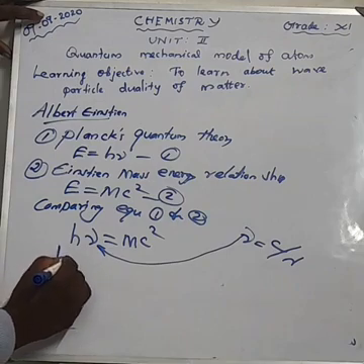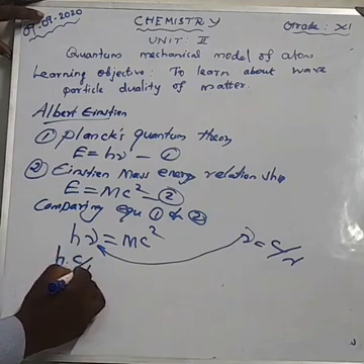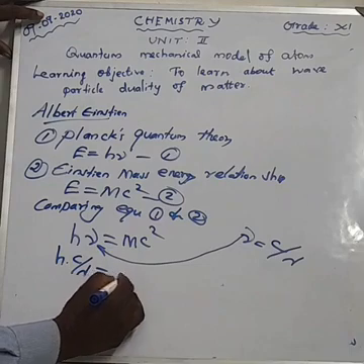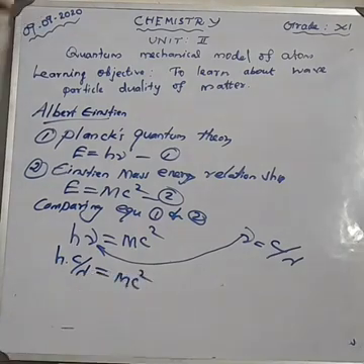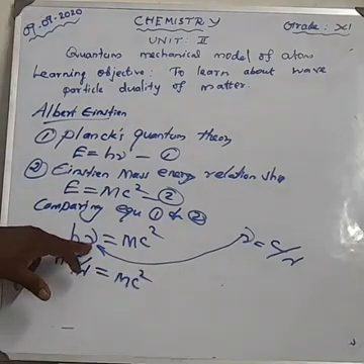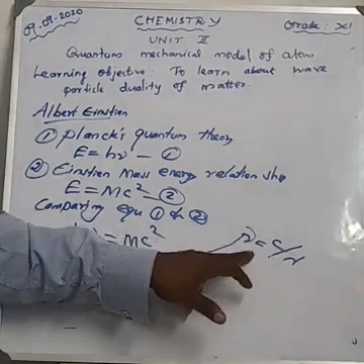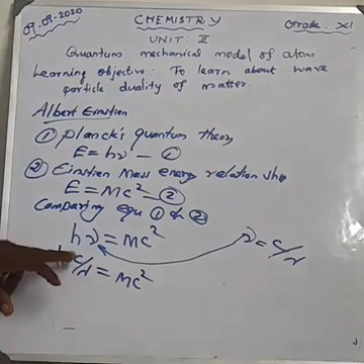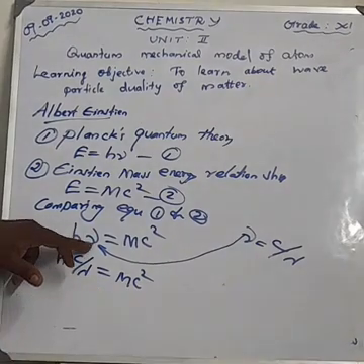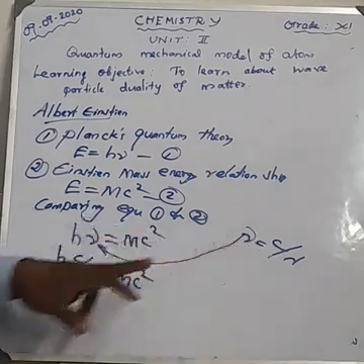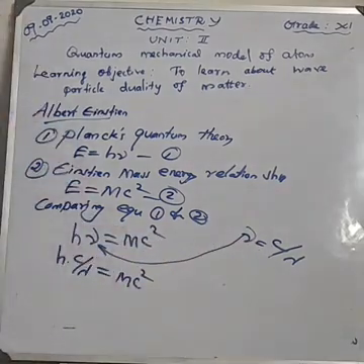H into c by lambda is equal to mc square. Can you write? The value of nu is equal to c by lambda. So h into c by lambda is equal to mc square.